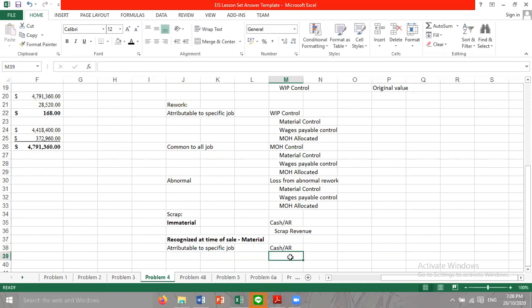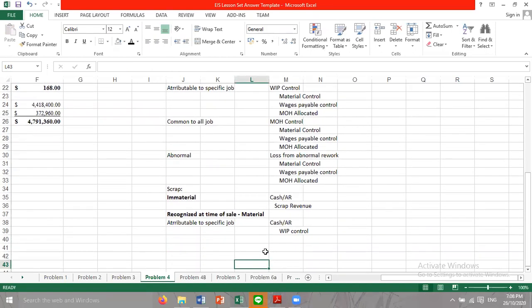And since it's material, we can use this scrap value to reduce our cost of goods, which is why we credit WIP control. If we know that this scrap is from this specific job, and it's quite significant, then practically the cost it takes to make the goods is less than usual. So we credit WIP control and we debit cash or AR.